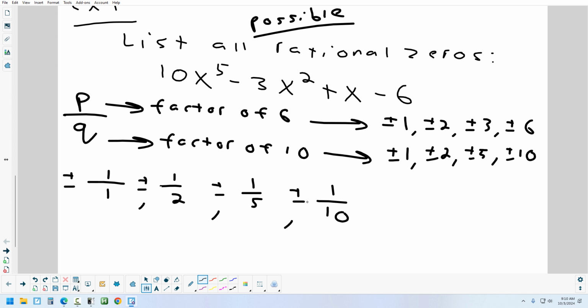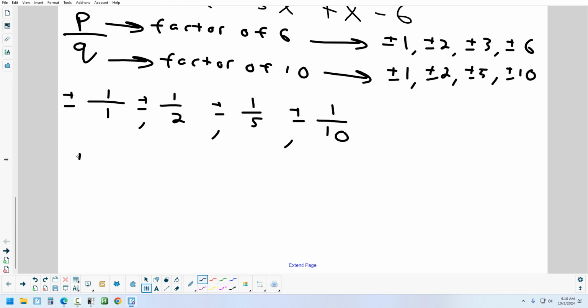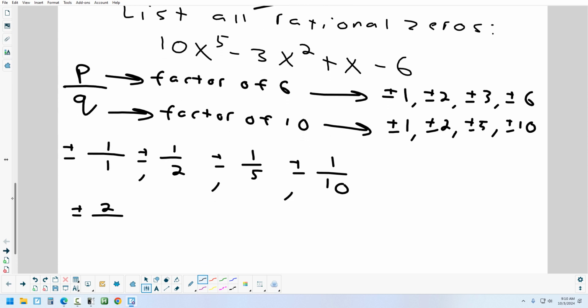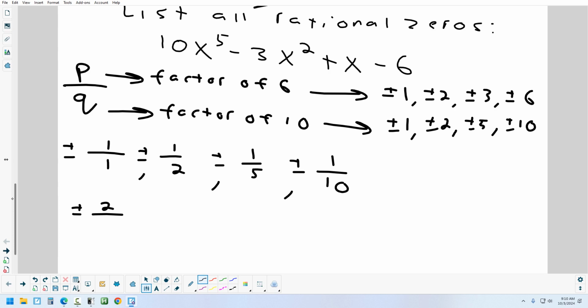So those are all the different places that this graph could cross the x-axis at a fraction with a 1 in the numerator. Okay, let's do it with a 2. What's the first denominator I would use? 2 over 1.